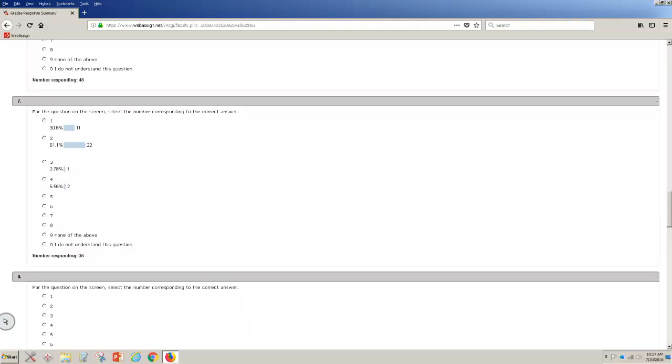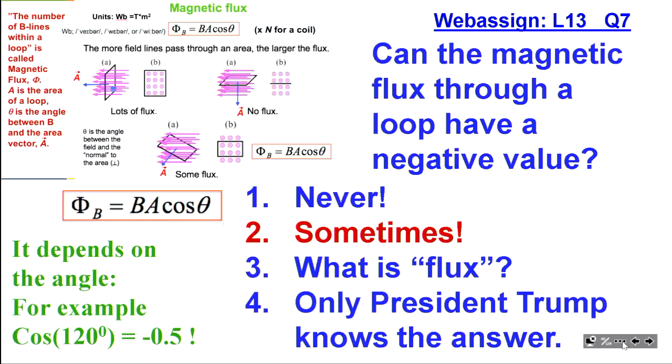You should ask yourself why, because the answer is sometimes it's positive, sometimes it's negative, sometimes it's 0, because if you're calculating a cosine, the value depends on the angle. B in that equation represents the magnitude of magnetic field strength, so it's a positive number.